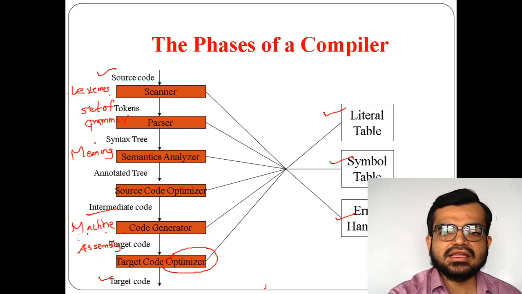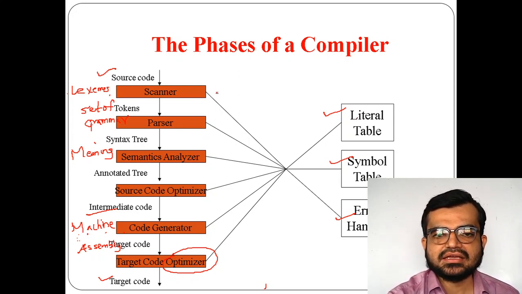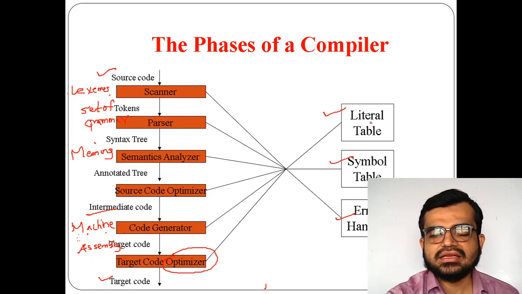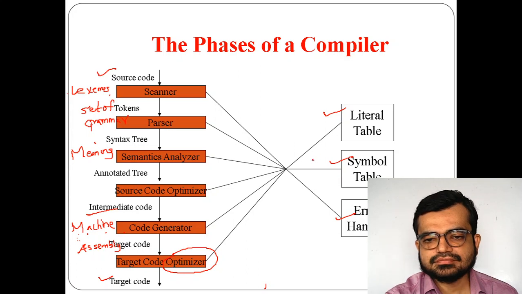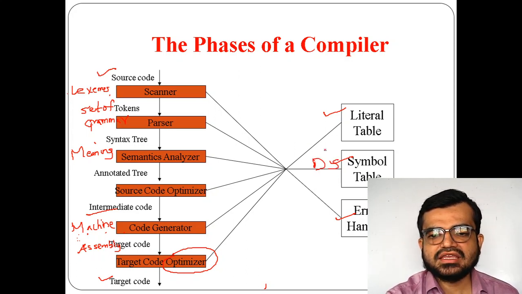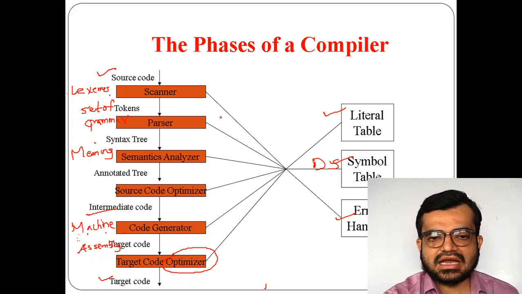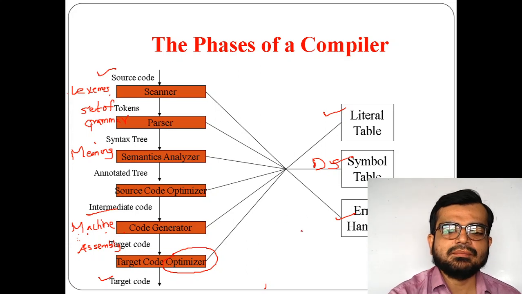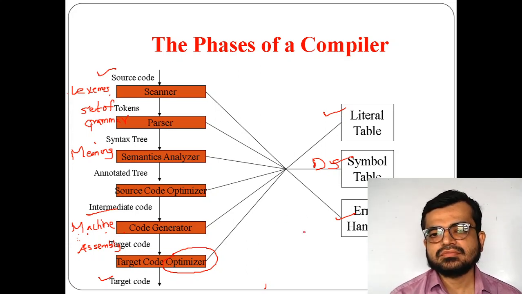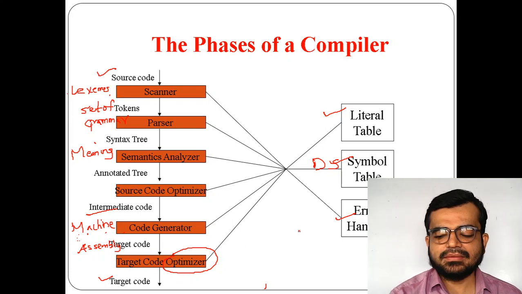Literal table means all the literals present in the given source code will be stored in the literal table, and the symbol table is to store the data structure of the given code, and it will be communicating with all of the phases of the compiler. Also our error handler: if any error comes, this error handler will resolve that issue and communicate directly with that phase. So it is a bidirectional process. In this way the phases of compilers will be there.